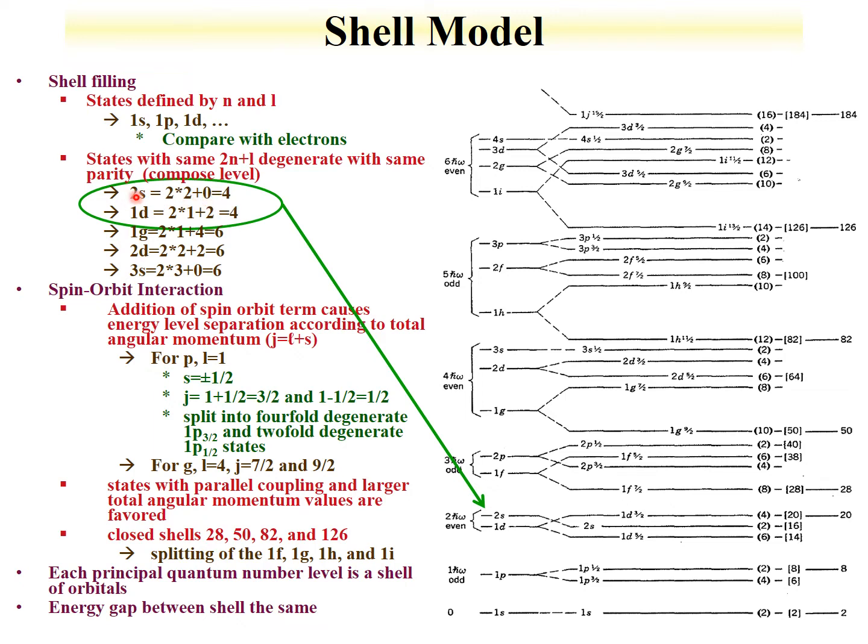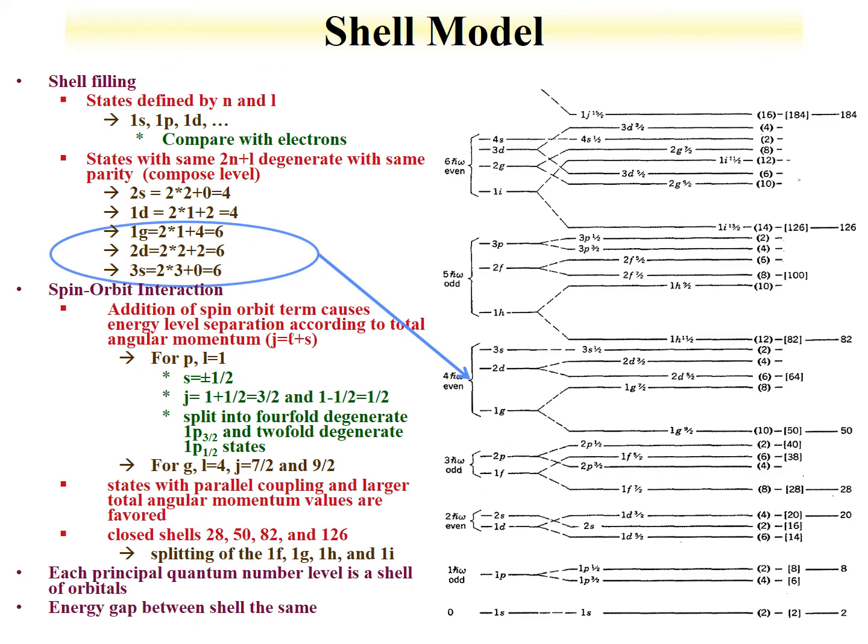Because the n number is 2, the l number is 0 from s. For a 1d state, the n is 1, the l is 2, where s, p, d, right? So 0, 1, 2, the d is 2. So that's 2 times 1 plus 2 is equal to 4. Those two states are degenerate.